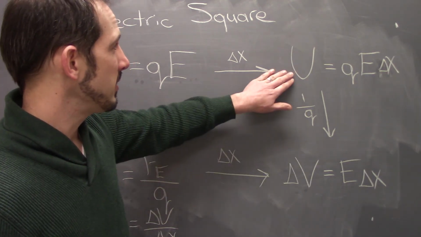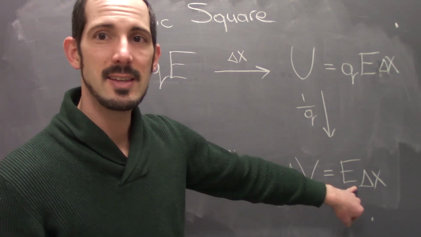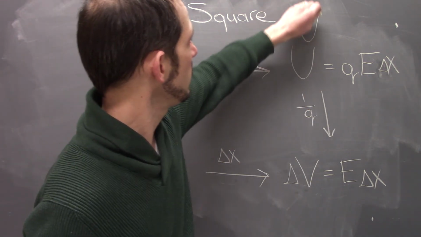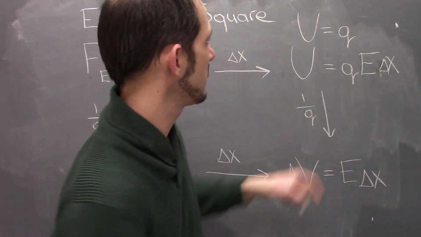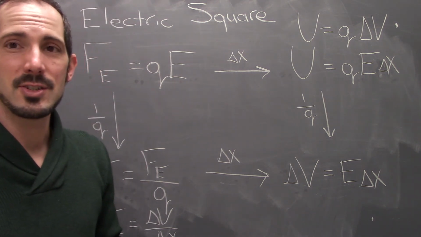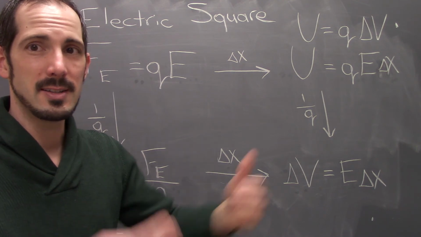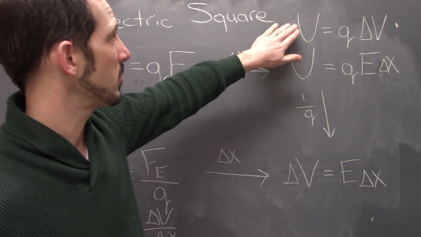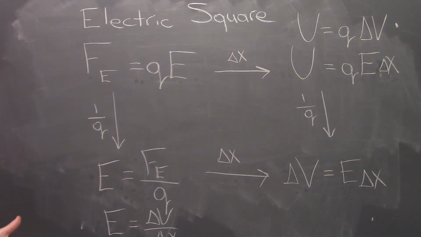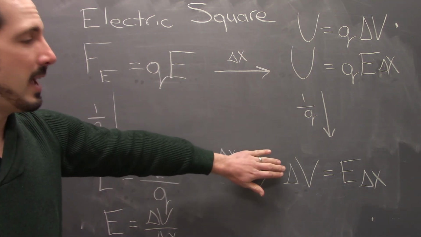So from this energy perspective, since we've defined potential difference as E times delta x, now we can come up to this expression and say that's another way to write U. U is equal to Q times this whole piece, which is delta V. So the electric potential energy can be expressed as the amount of charge that's moving through a set of potential lines, delta V. So Q times delta V. This is a very important expression for a conservation of energy approach. So that's it. That's our electric square that relates force, field, potential energy, and electric potential.